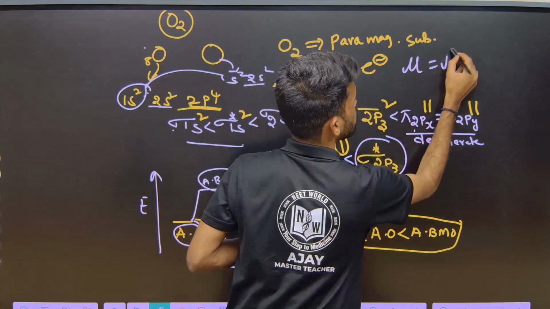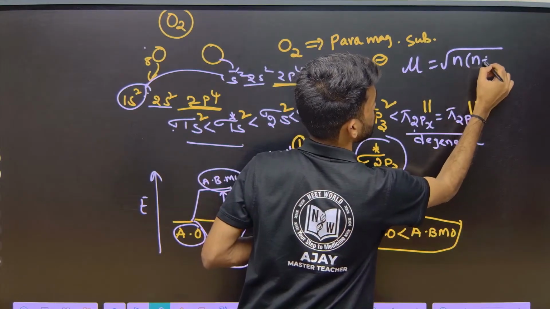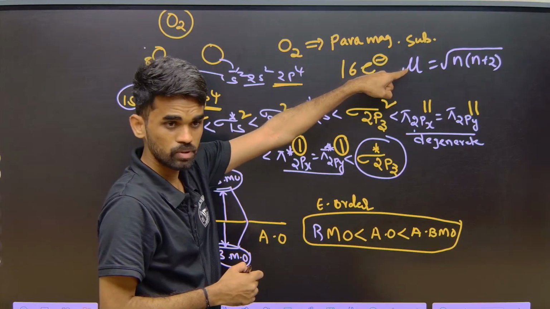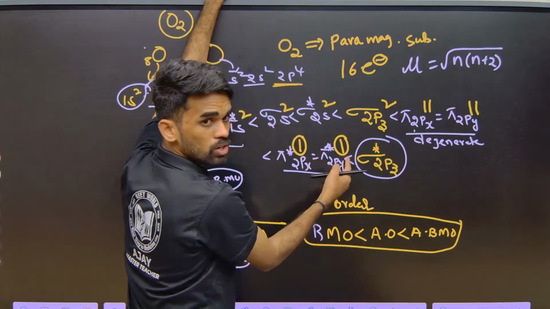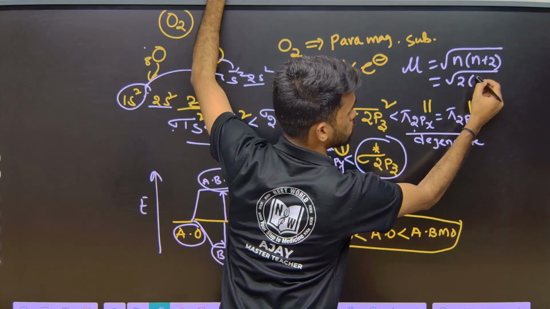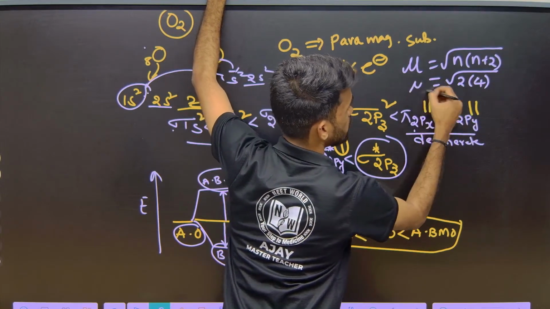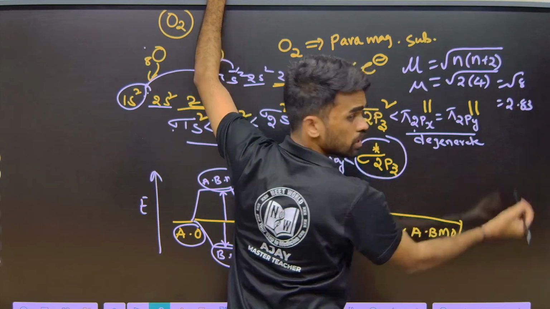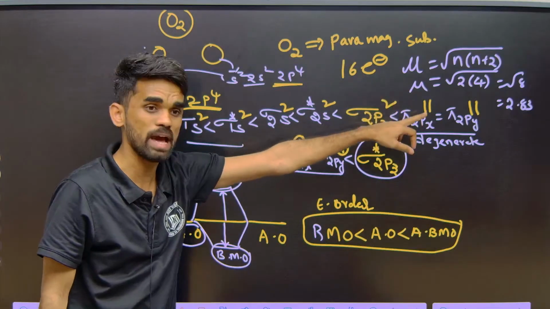Mu equals root over n into n plus 2; this formula is given in the structure of atom. How many unpaired electrons are there? 2. So it is 2 into 2 plus 2, which is 8, so root 8, around 2.83. That is about magnetic moment.